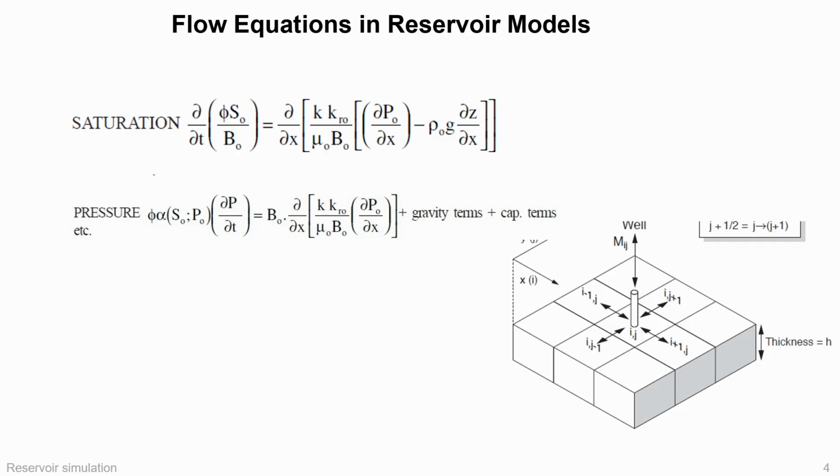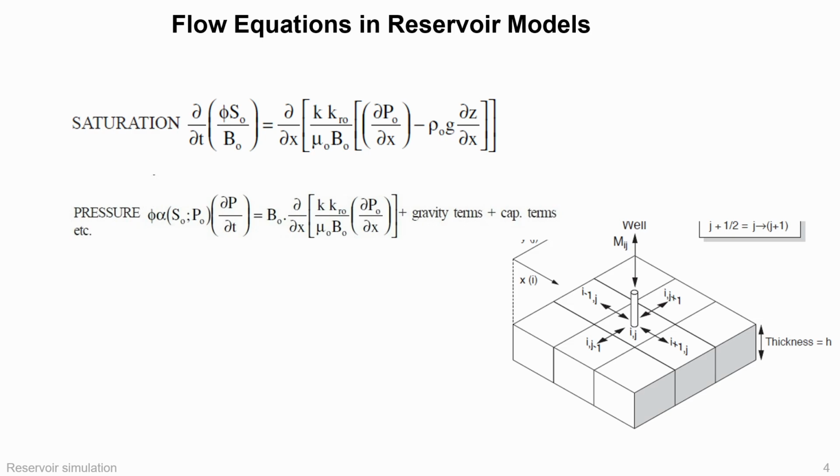Pressure and saturation are the two most central variables in many reservoir simulation formulations. Pressure determines the driving force for flow, while saturation tells us how much oil, gas, or water occupies pore space in each grid cell.